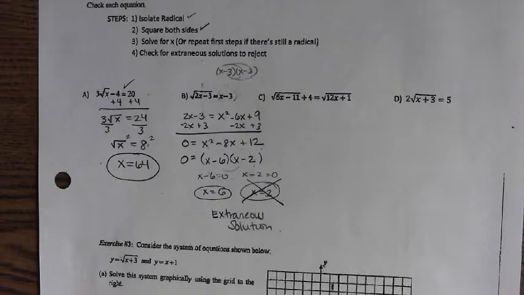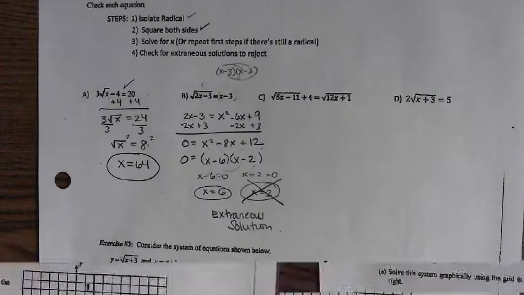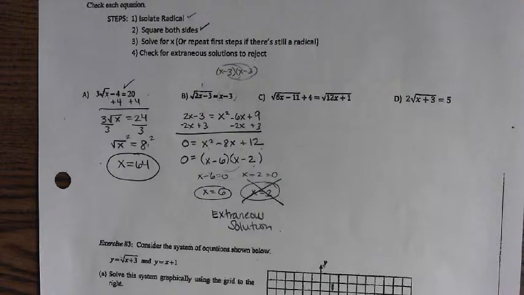Think about that, extra. It's like an extra solution that came up that doesn't actually work. And that's just because of the mechanics that happen within that squaring both sides process. Any questions on that?